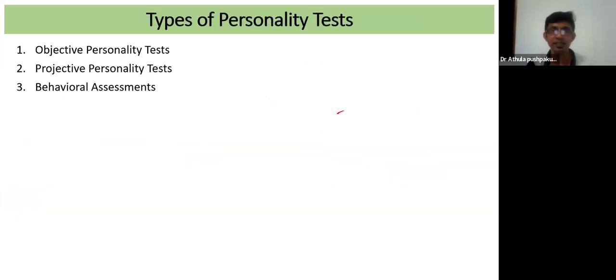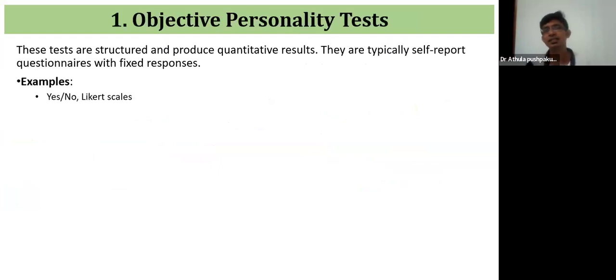Now we discuss the 5-point scale. Other types of personality test: objective personality test, projective personality test, and behavioral assessment. Various tests can be identified. Previously also discussed. What does the objective personality test mean?